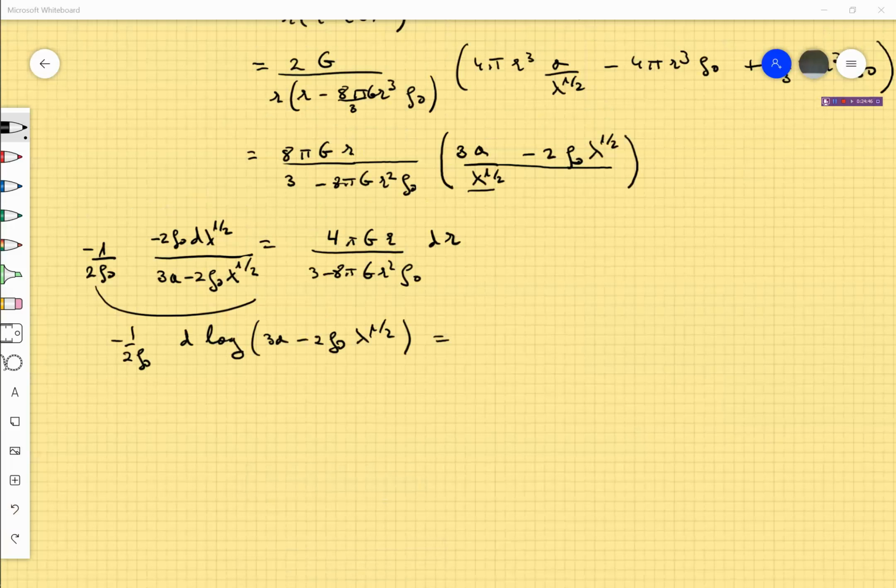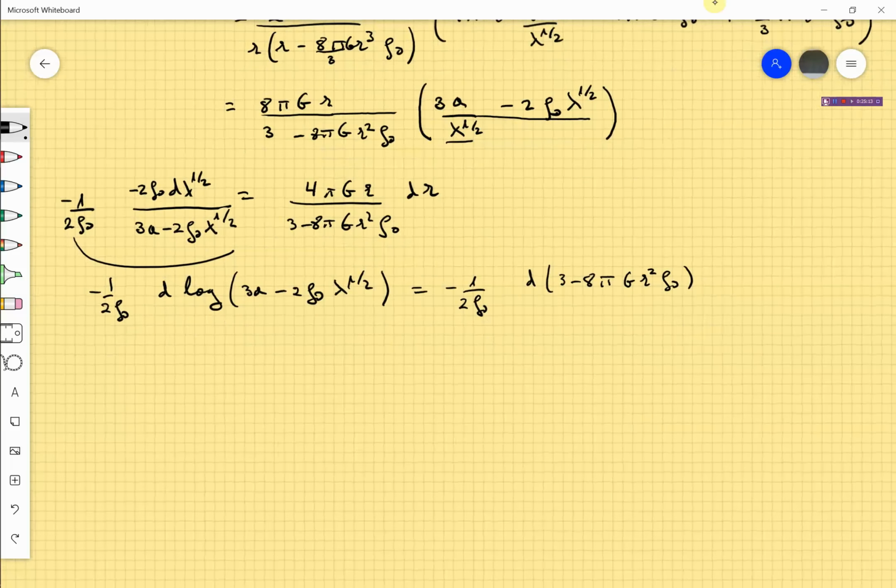On the right hand side, we also see that what we have in the numerator, up to another factor, is also the derivative of the denominator. So we also have minus 1 over 2 rho 0, and this will be the log of 3 minus 8 pi g r squared rho 0.